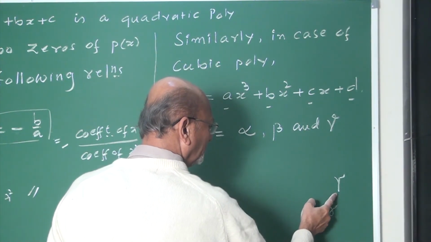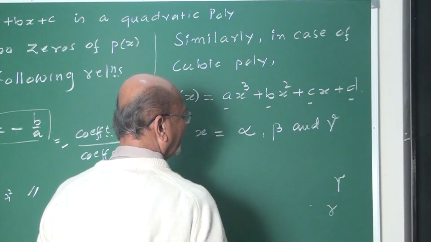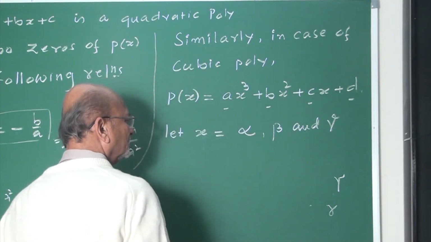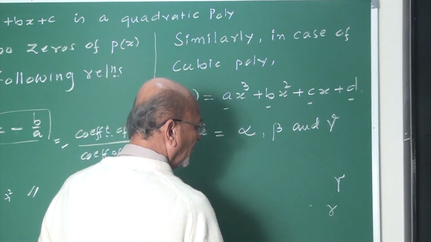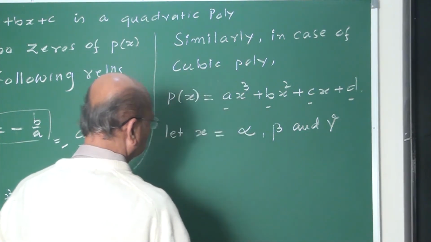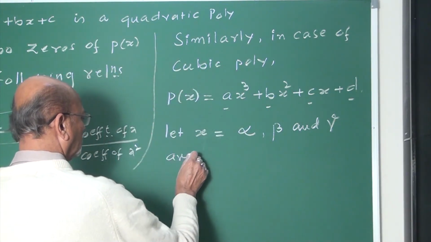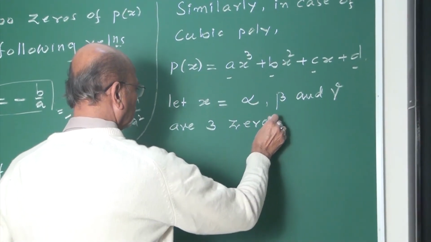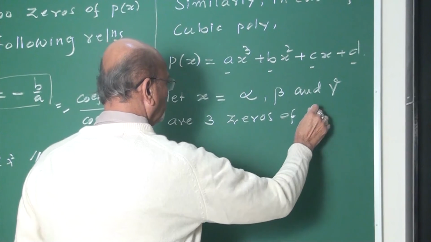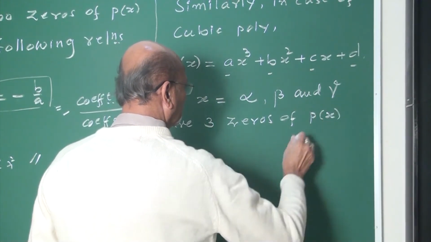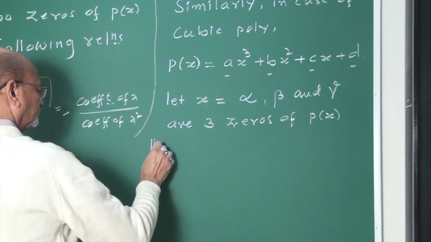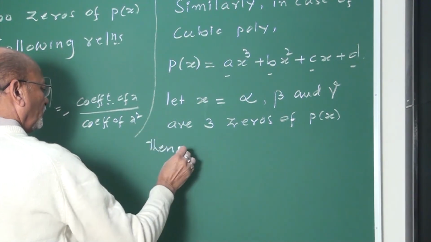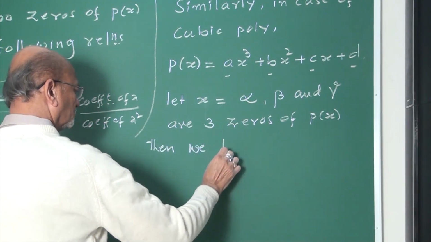Alpha, beta, gamma are 3 zeros of the cubic polynomial p(x). Then we have the following relation.